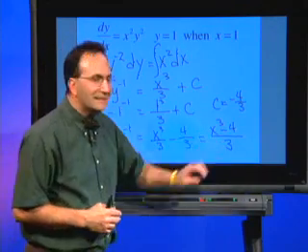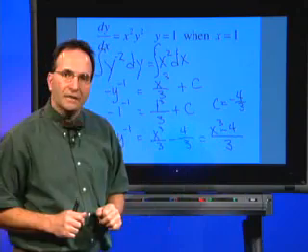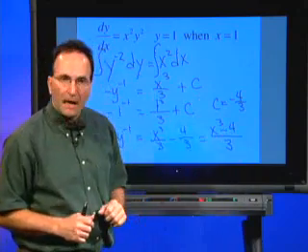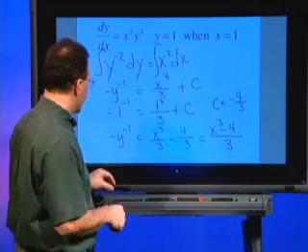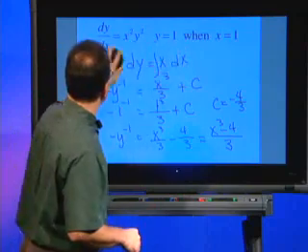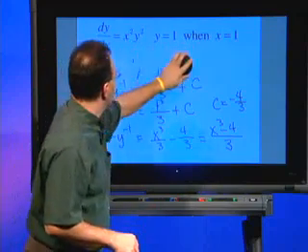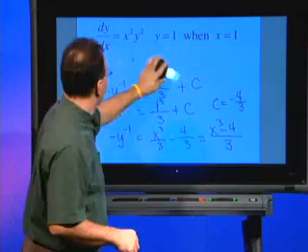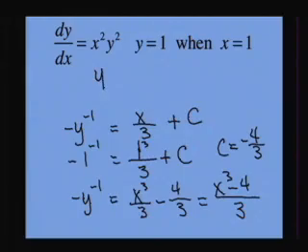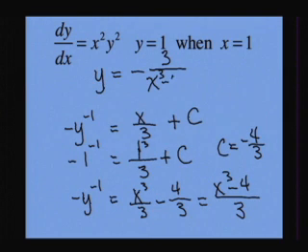And therefore, we can take the reciprocal of both sides as well as bring the negative sign over to the right-hand side, and we would get an answer for y, which is this. y is equal to negative, the reciprocal, so it would be 3 over x cubed minus 4.